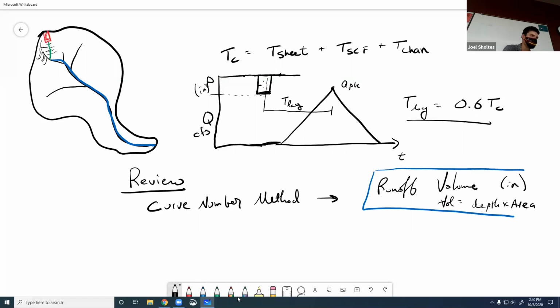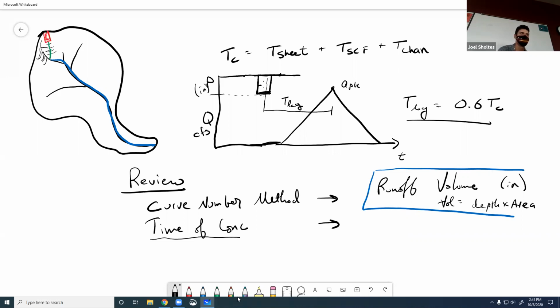Then we just did time of concentration. And what does time of concentration give us? Edgar. It's the time it takes for the most distant point on the watershed to travel to the outlet. And ultimately, it'll let us figure out how long it takes from when the rain falls to when we get our peak discharge, right?